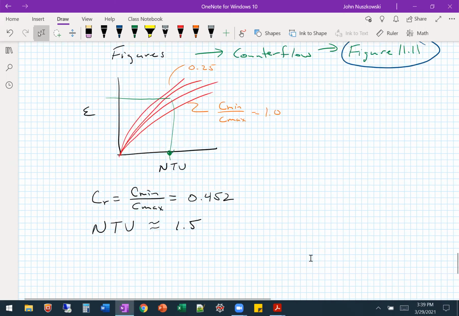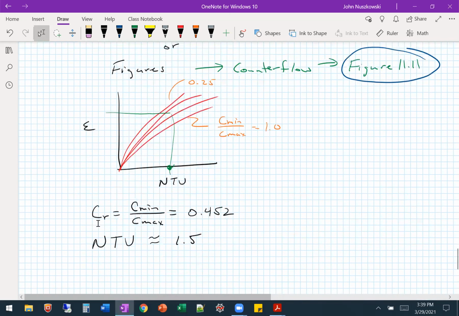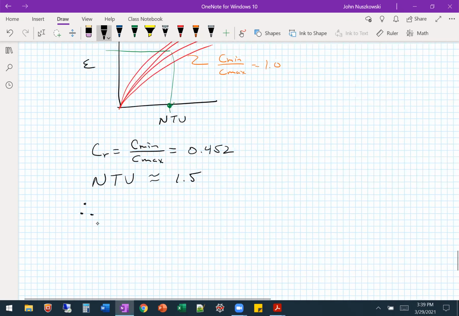And now we go back up. So we now have the NTU, and the only thing unknown is area, and then in the area equation, the only thing unknown is length. So I got 5.182 meters squared, and then the length I got 66.0 meters.